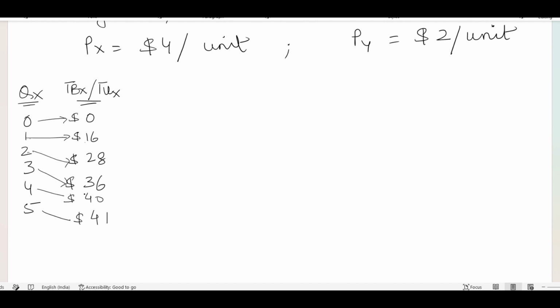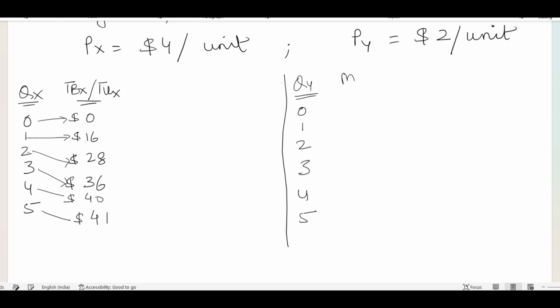Then let's leave some space and I divide this with my second good. That's QY, the quantity of Y she consumes. So it's 0, 1, 2, 3, 4, and 5.